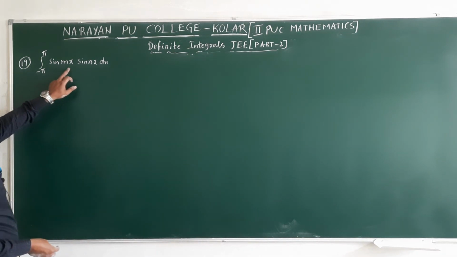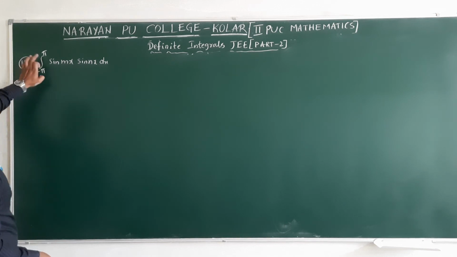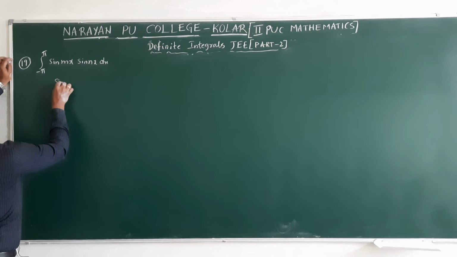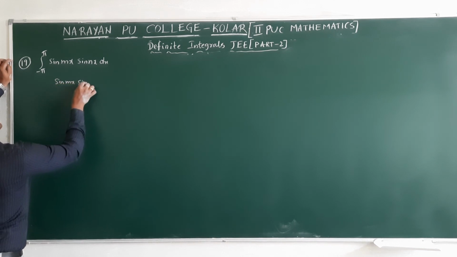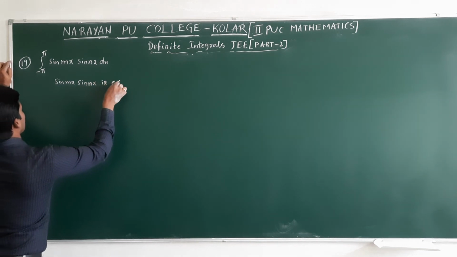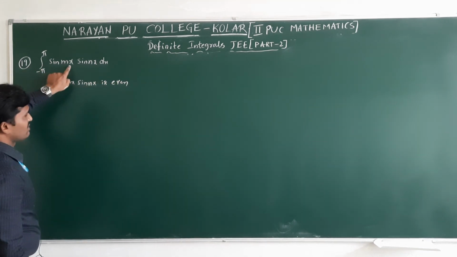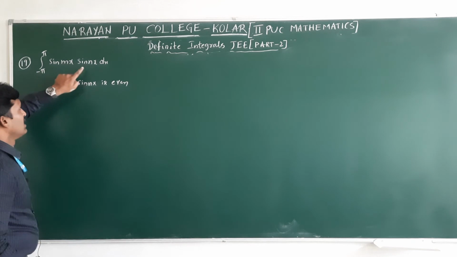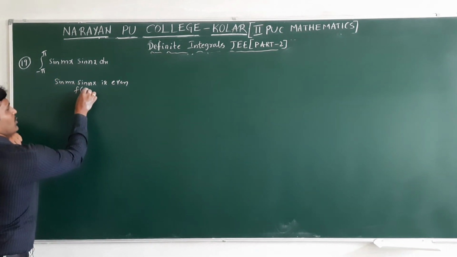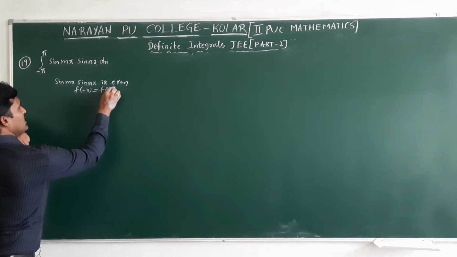First check whether this is an even function or an odd function, according to the property of minus a to a f of x dx. Now it's clearly sin mx into sin nx is an even function. Reason: sin of minus is minus sin theta, so here one minus comes and here also minus; minus of minus is plus. That's why it satisfies the property f of minus x equals f of x.